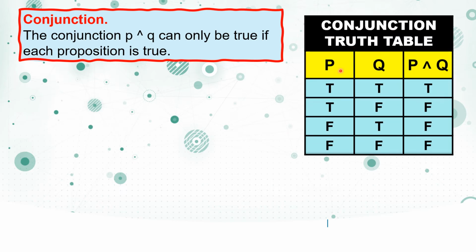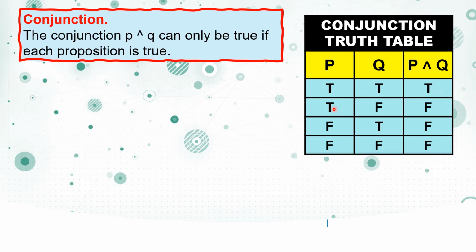So, if we have P and Q as the proposition, yung ating truth table ay dalawang T sa P, dalawang false, and then sa Q, true, false, as discussed a while back. So, kapag yung ating proposition ay both true, saka lamang yung conjunction natin ay true.